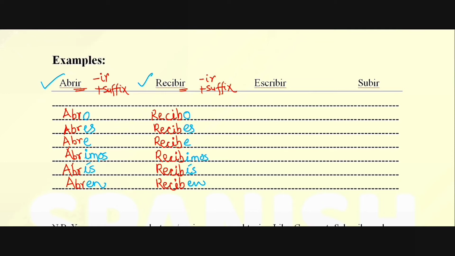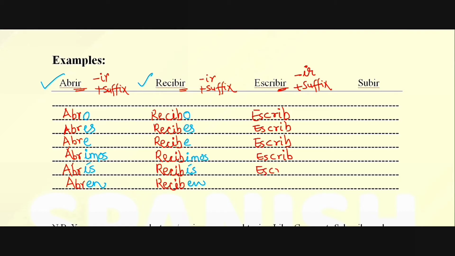Third verb is escribir. IR ending, drop it, add suffixes. But before that, write root word. That is escrib. Escrib. 6 times we are going to write. Escrib. Escrib. Escrib.